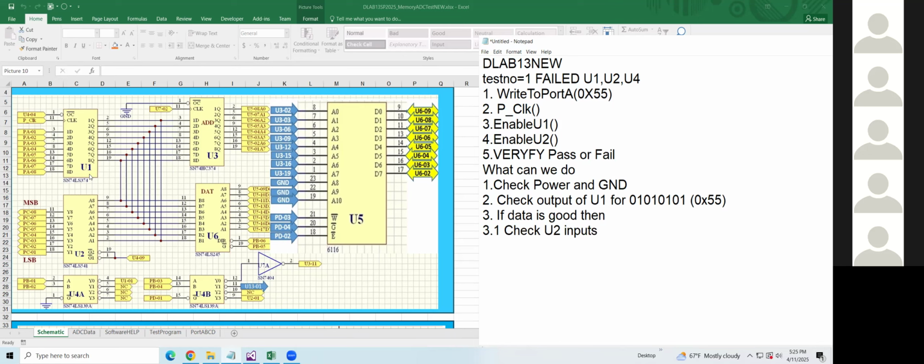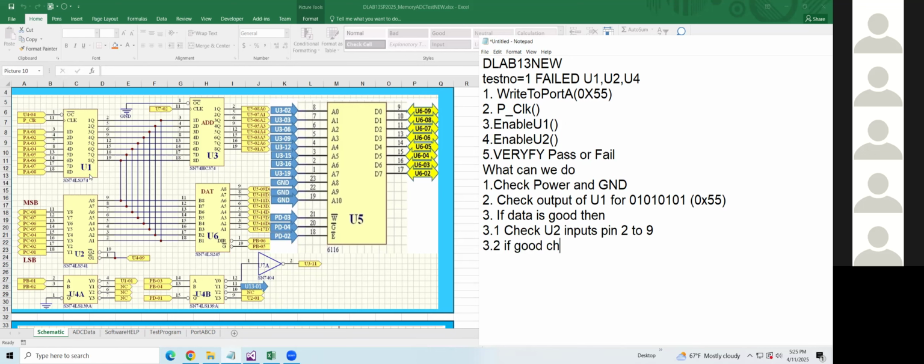That will be pin 2 to 9. When you take pin 2 to 9, if it's good, check output, okay, 3.2. If good, okay.